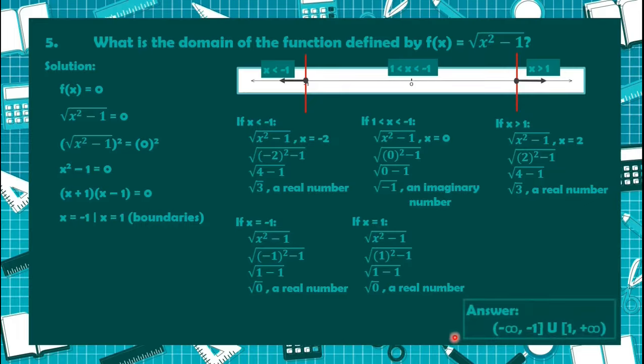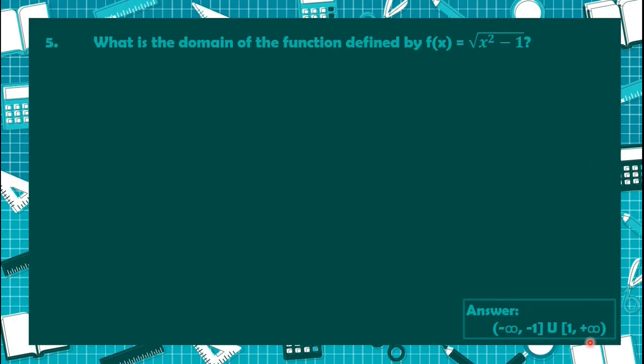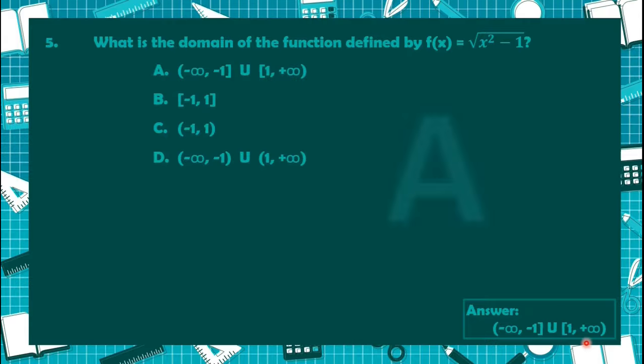To put this in interval notation, the domain is from -infinity to -1, where -1 is included, thus we put a parenthesis for -infinity and a bracket for -1, because we don't know the exact value of -infinity. Union, from 1 to +infinity, where 1 is included, thus we put a bracket, and for +infinity we put a parenthesis because we don't know the exact value of +infinity. So for this item, our answer is letter A.